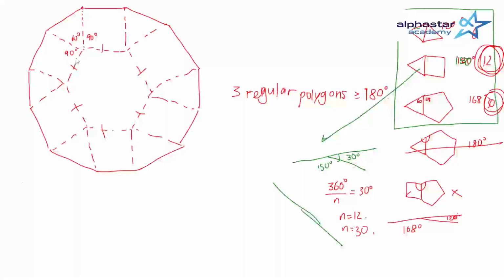So 60 and this last angle add up to 180, giving 120 degrees. So in fact, this is indeed a regular hexagon, which tells us that this regular 12-gon has been successfully dissected into 6 triangles, 6 squares, and a regular hexagon, and that gives us n equals 12 works. So 12 works, and the only remaining possibility now is 30.